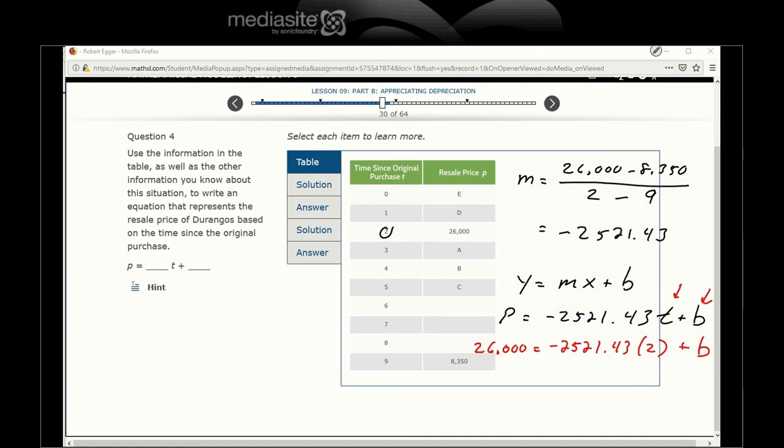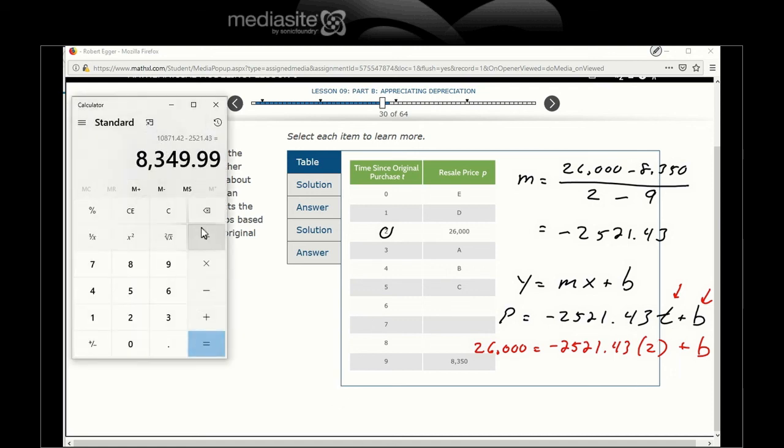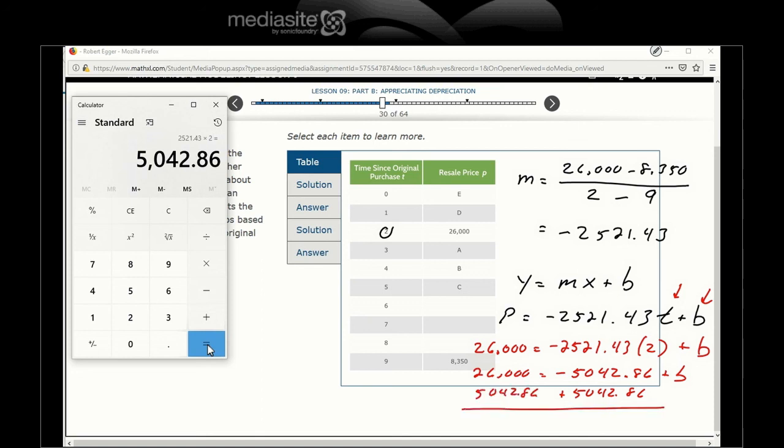So let's just finish up the math here. Let's multiply this guy out. Times 2, so that's 26,000 equals minus 5042.86 plus b. Solve for b by adding this to both sides. You guys cancel.